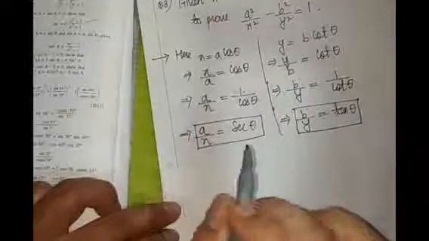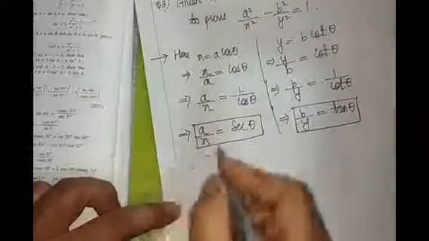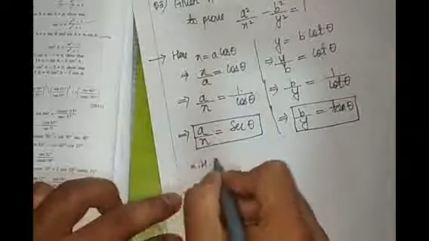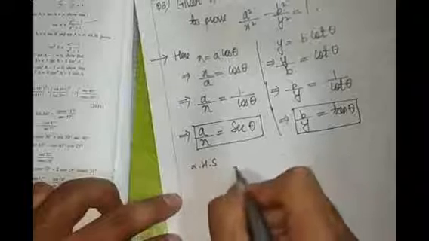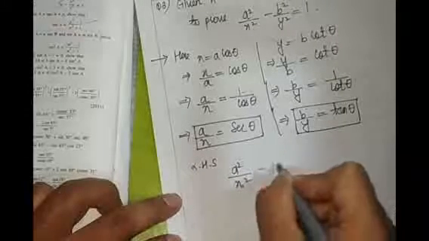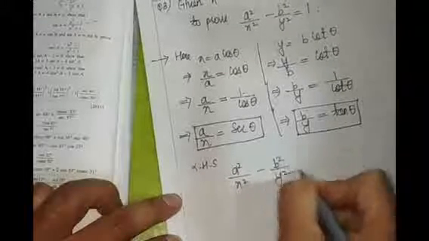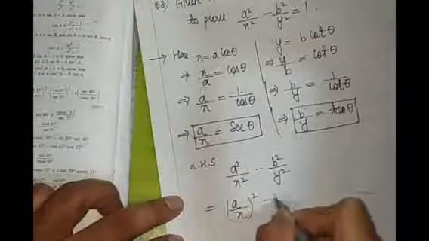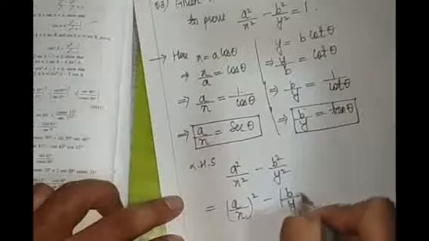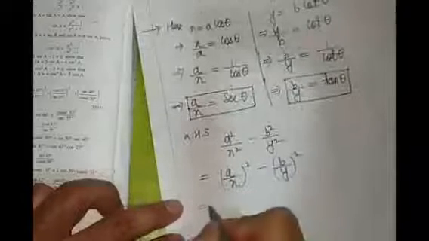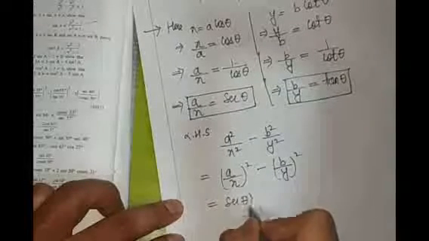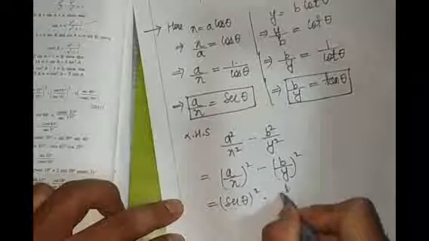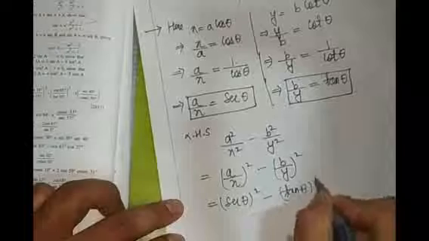Now things are going to be very easy for us. We will just substitute these values in the left hand side. LHS: we have a square by x square minus b square by y square. I can write this as (a by x) whole square minus (b by y) whole square. The value for a by x is sec theta, so sec theta whole square minus tan theta whole square.